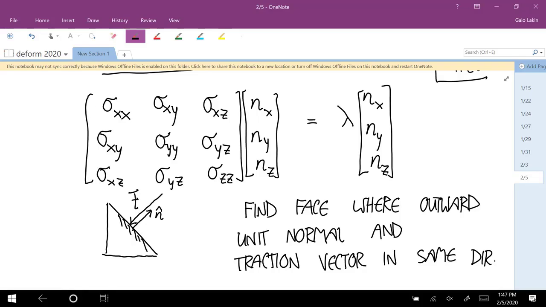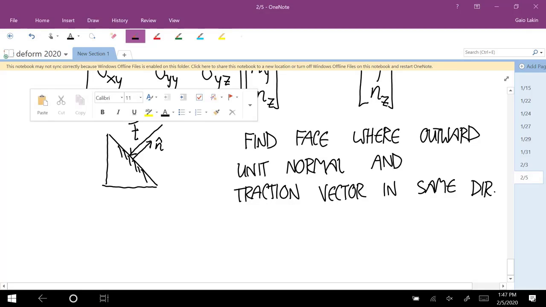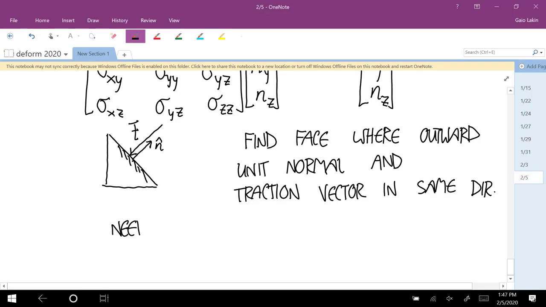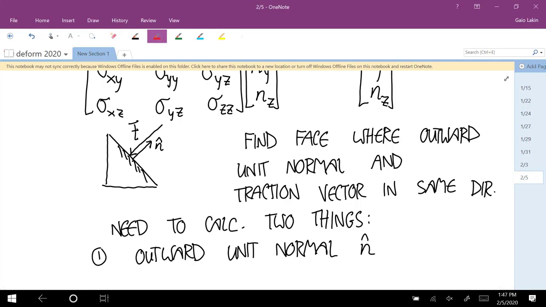So now, how do we solve that? What we're trying to do is find two things. We need to find the outward unit normal, that's n hat, and that's what's going to be called the eigenvector.